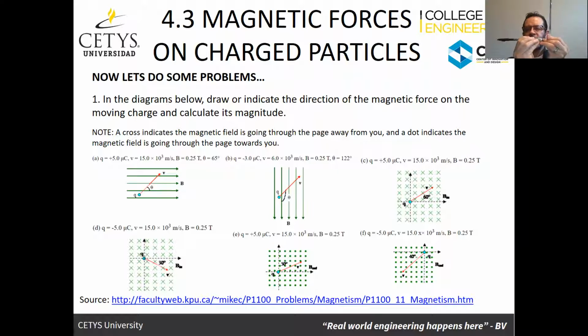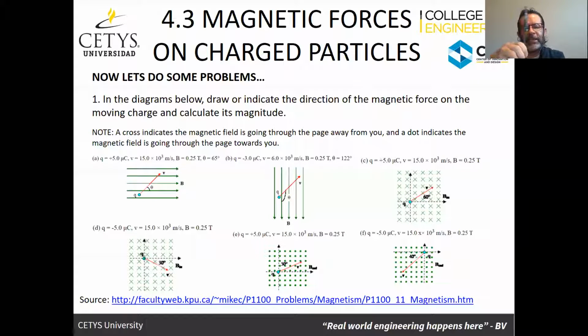You see that? Yes. So in cases C, D, E, and F, regardless of the angle that the velocity has, the angle that it has with regards to the field in these cases in particular is going to be 90 degrees.